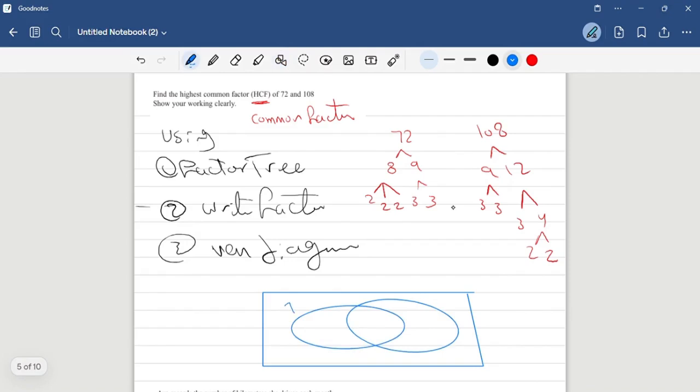This would be 72. This would be 108. Now let's write all the factors. But the first thing I have to understand is how many are common. Of course, let's put 3, 3 here, and also 3, 3 here. The other thing is 2, 2, 2, 2. So these are all common, right?